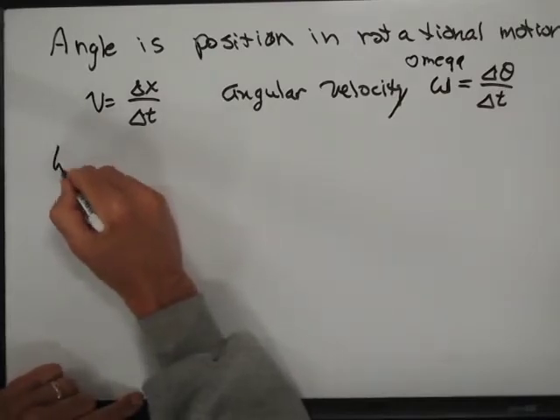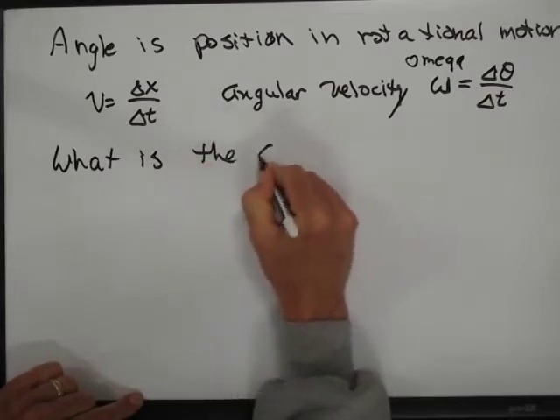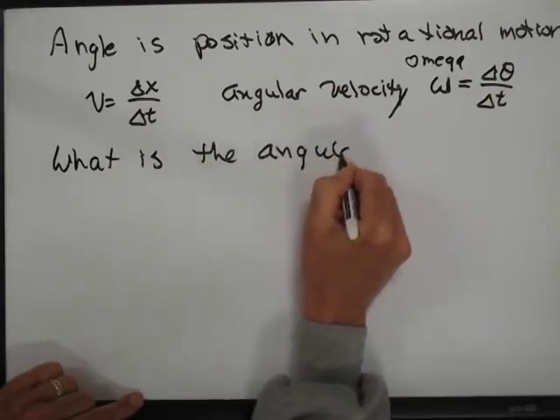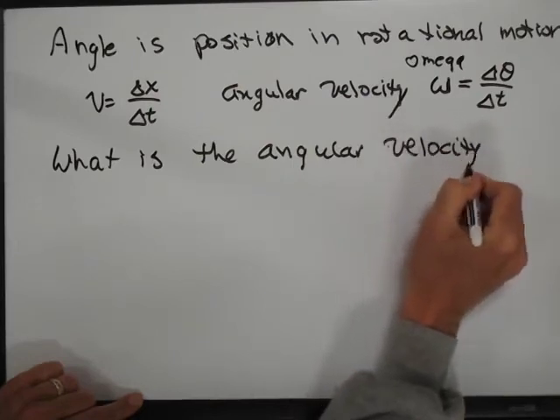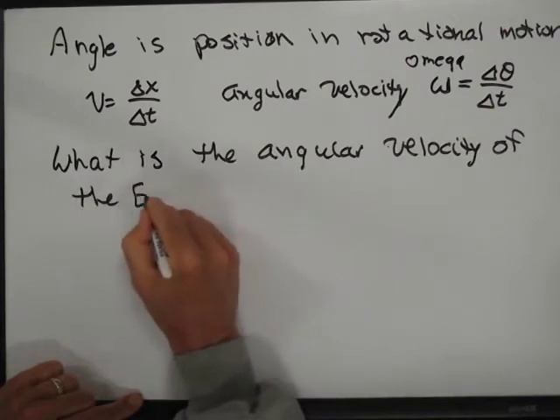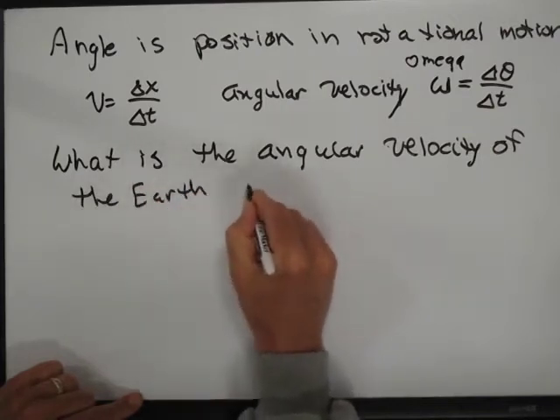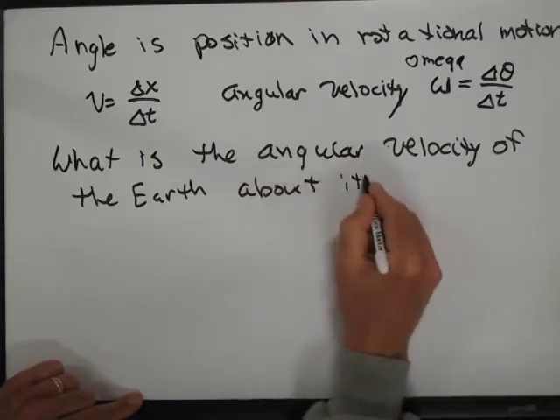We can say, what is the angular velocity of the Earth about its axis?